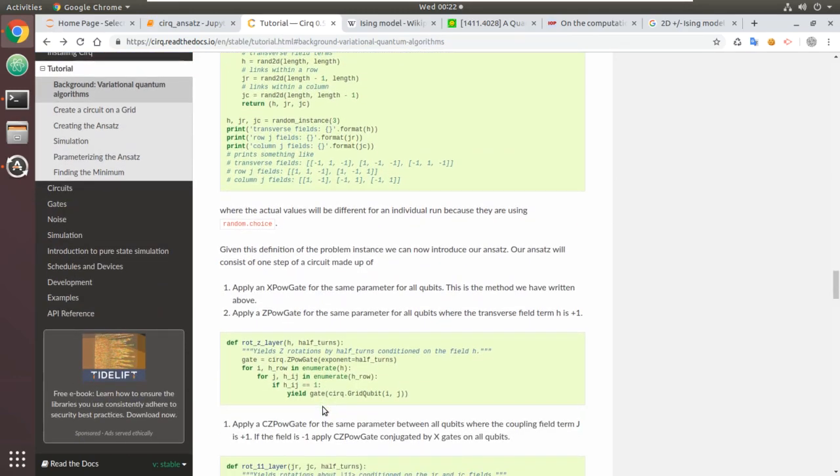Why? Given this definition of the problem instance, we can now introduce our instance, which will consist of one step of a circuit made up of... Okay, I'm just trying to figure out whether there's something here that gives me a clue why.